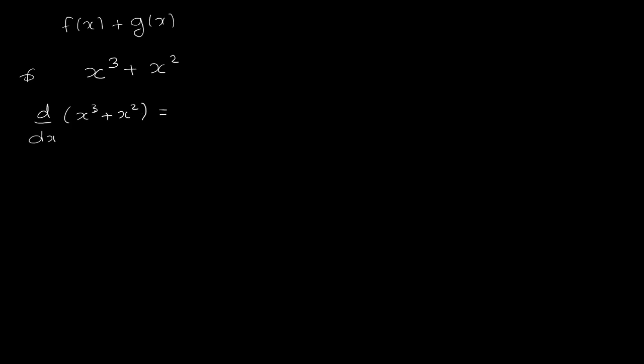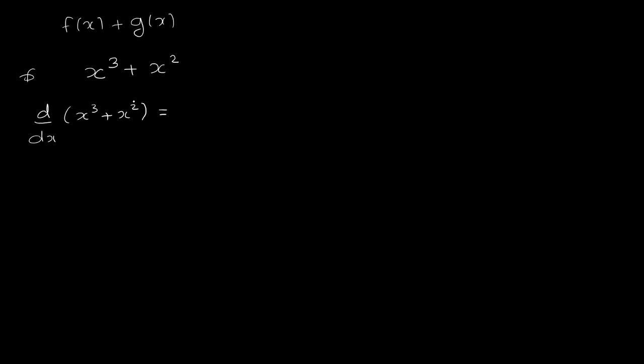Now, these were all the individual examples. If you get an example of this kind, f of x plus g of x, that is, any function of the kind x cube plus x square, what will you do? In this case, if you want to find the derivative of x cube plus x square, the derivative is distributive.